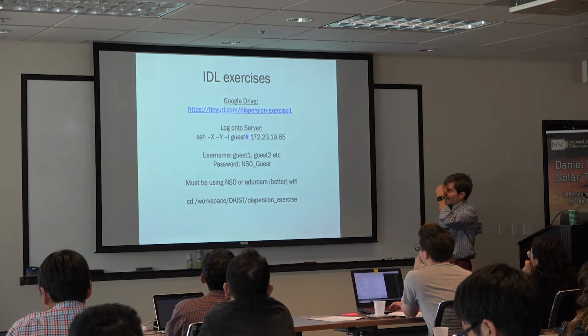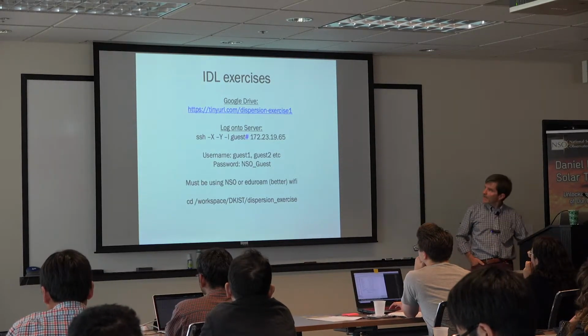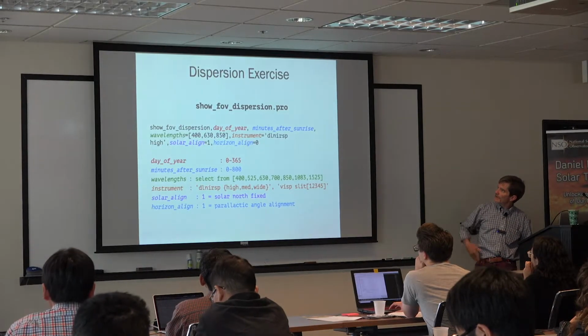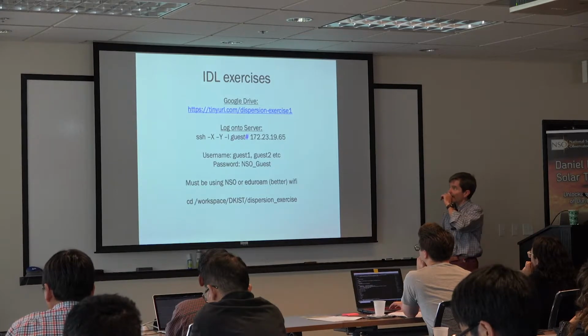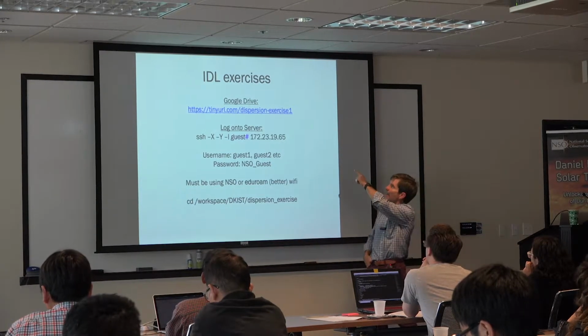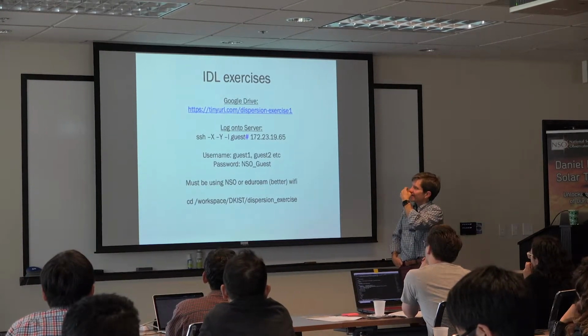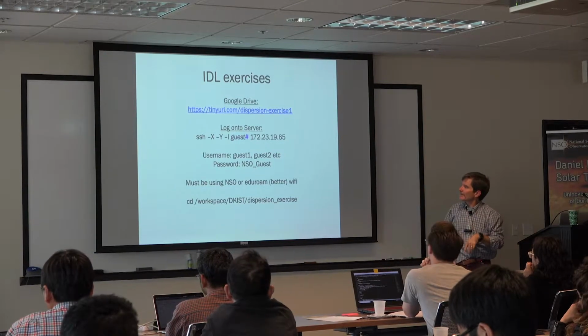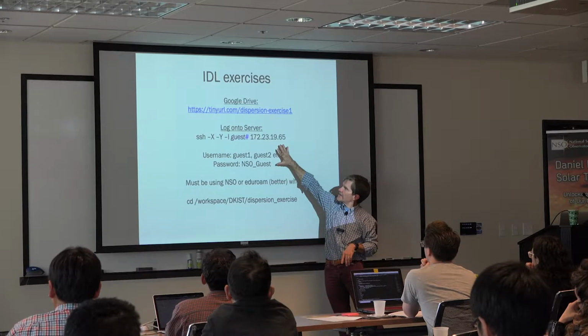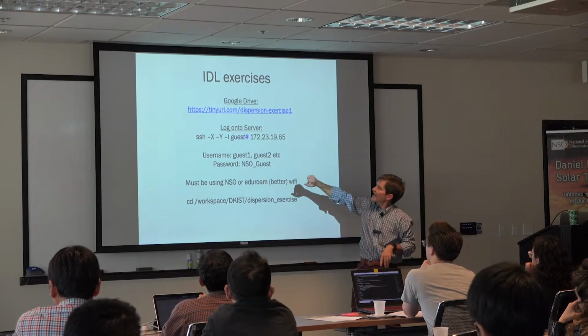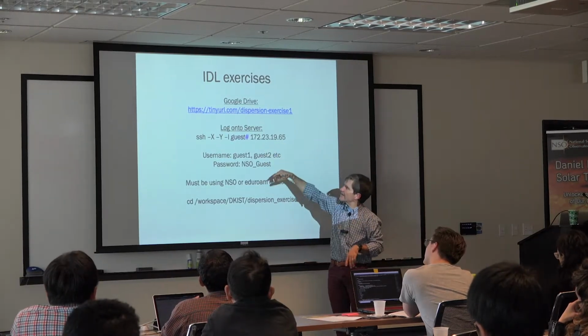So the software, show field of view dispersion.pro, and the programs it depends on should all be on the Google Drive, following that URL, or go directly to the drive. You can also log on to this server that Jana was mentioning earlier. This is the IP address.